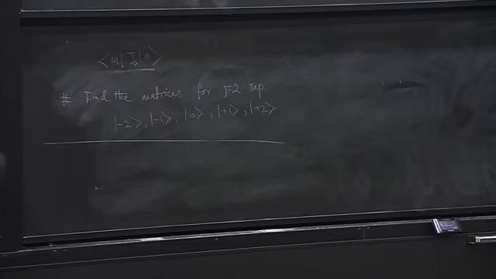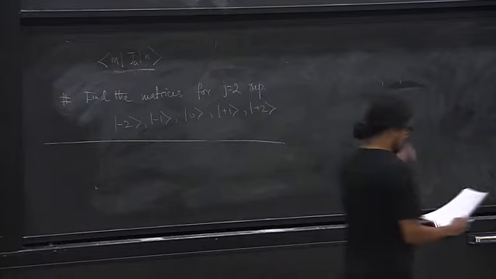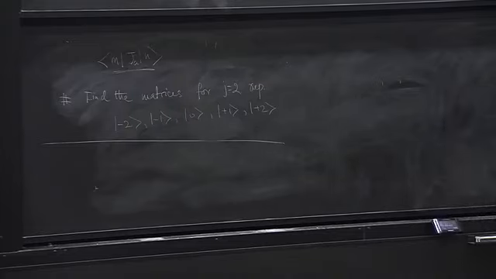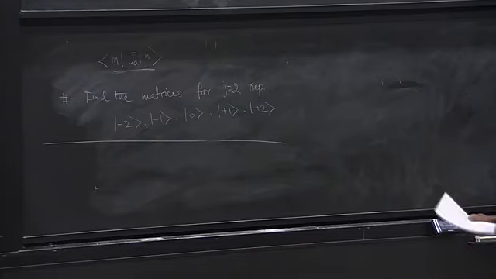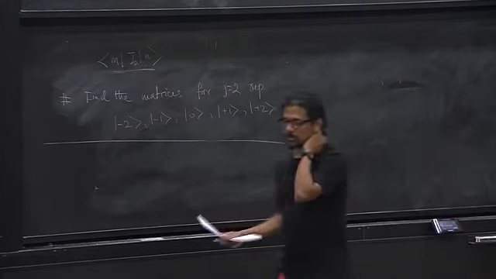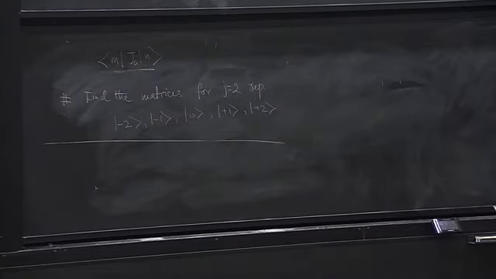And I want you to tell me what are the possible representations I should expect if I do an experiment. This is known as the Clebsch-Gordan coefficients method in quantum mechanics. I will not go there. Don't worry.